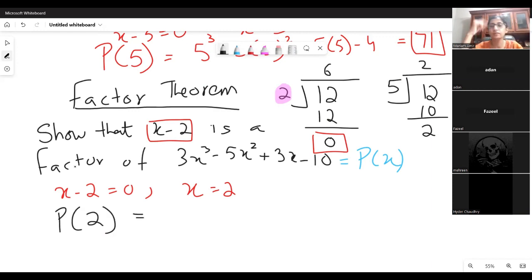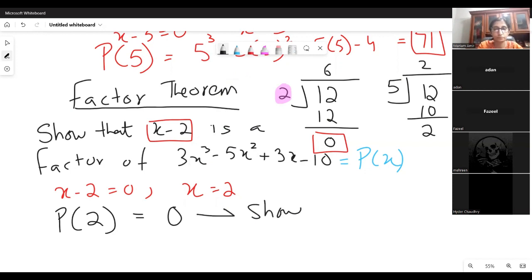अब p2 का आंसर क्या होना चाहिए अगर x minus 2 is the factor of 3x cube minus 5x square plus 3x minus 10. There should be no remainder. रिमाइंडर ही नहीं होना क्योंकि फैक्टर है, तो दिस शुड बी इक्वल्स टू 0. So this is what you have to show.